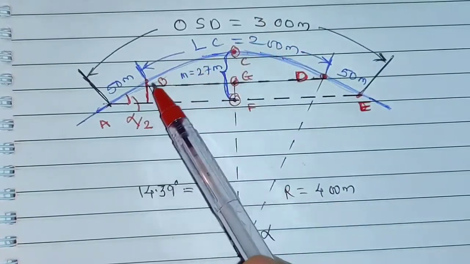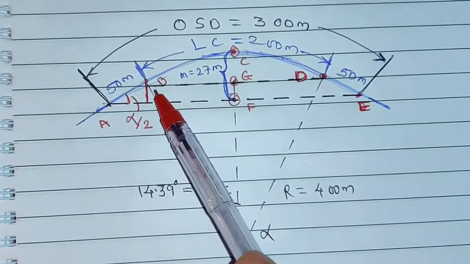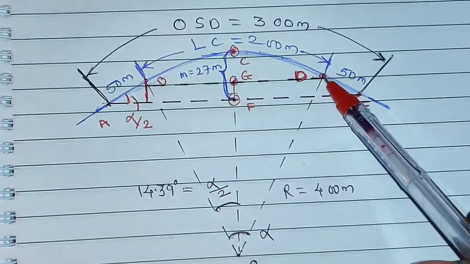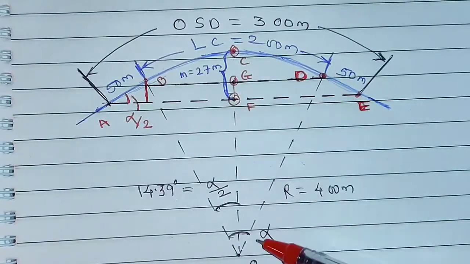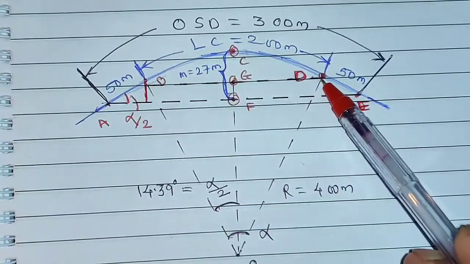The triangle which was formed while joining the points B and D was for the total length of the curve as 200 meters.